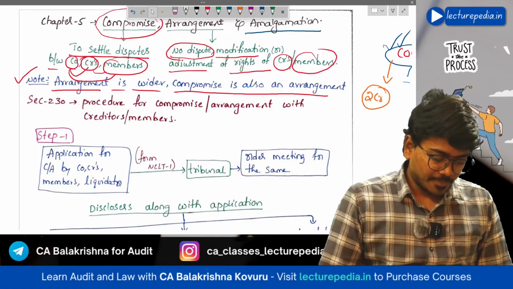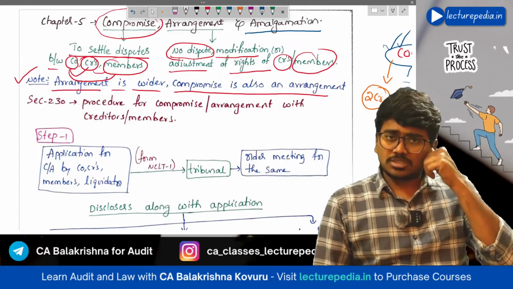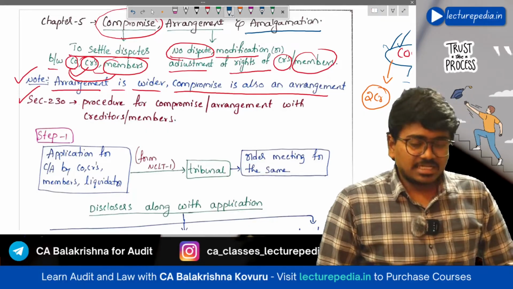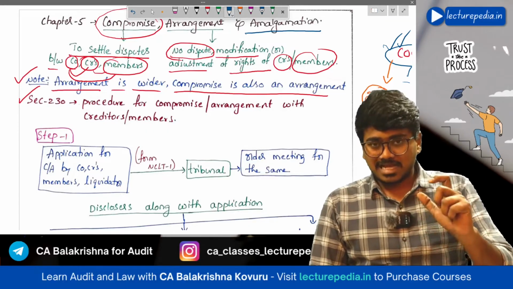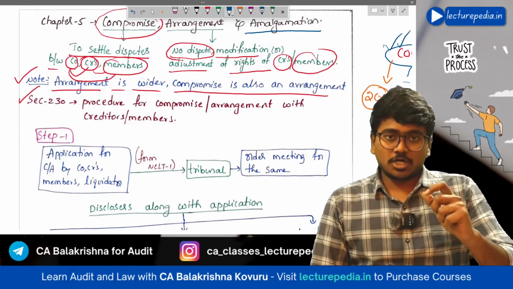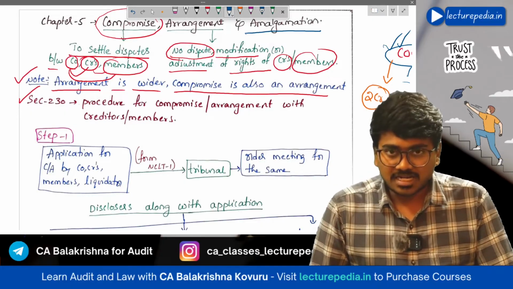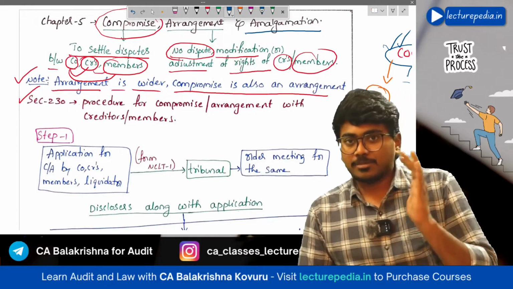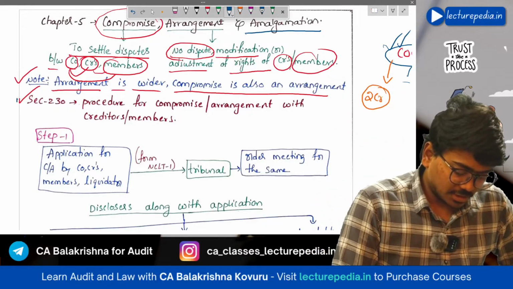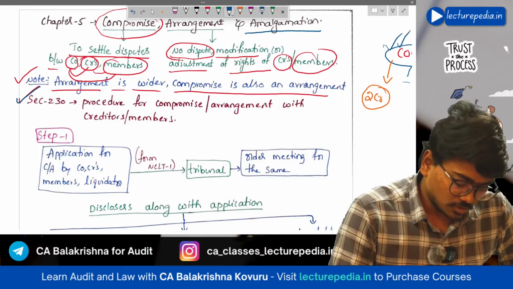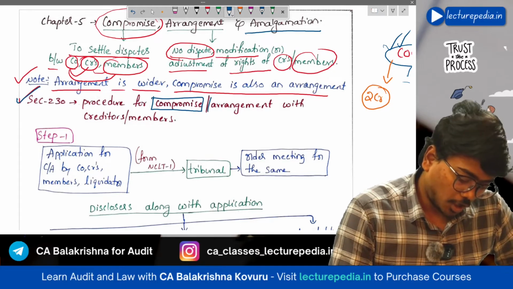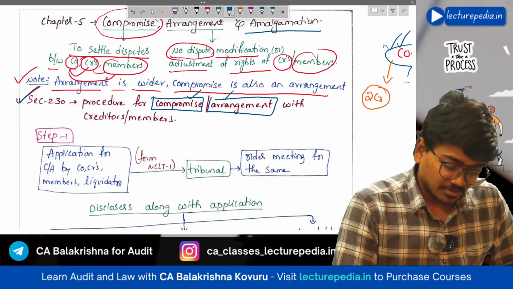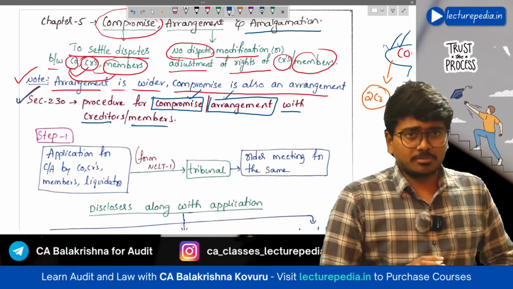Hope that is clear. Now if you see section number 230, basically section 230 deals with the procedure that has to be followed for entering into a compromise or an arrangement between company and creditors or company and members. Okay, see, section 230 is applicable for entering into compromise or arrangement, for both of these, same section, with creditors or members.